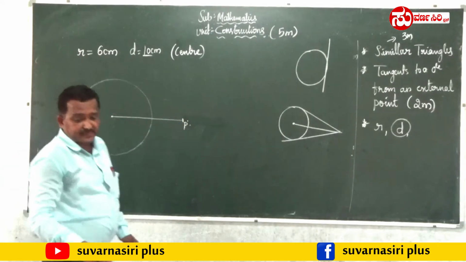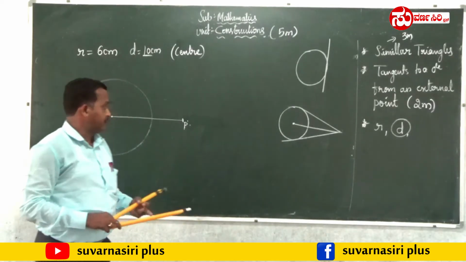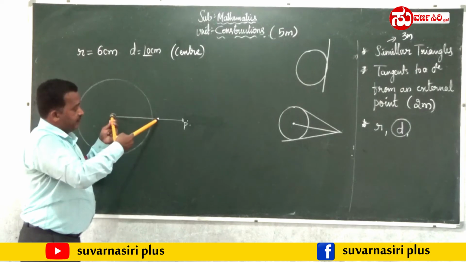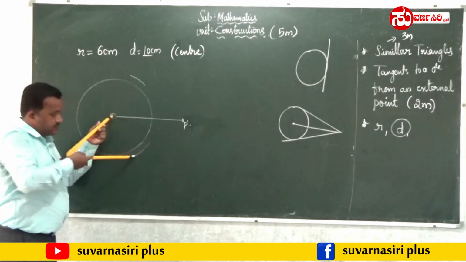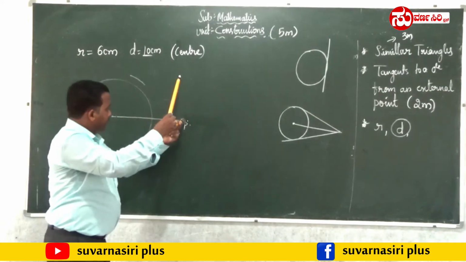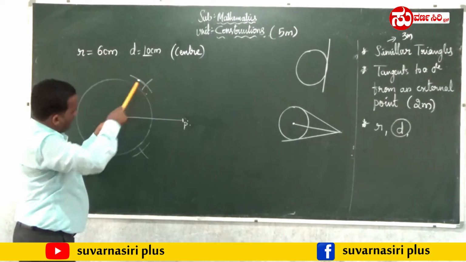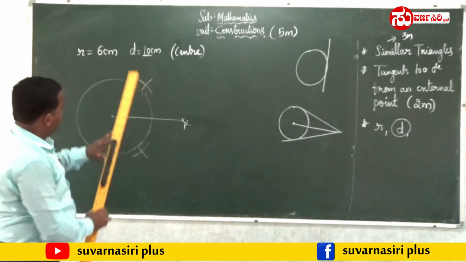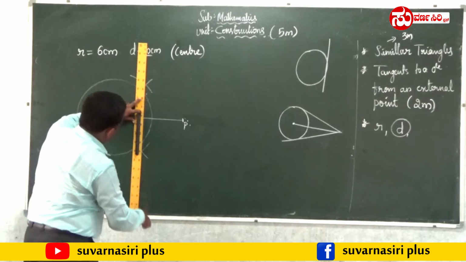After constructing a circle and locating the external point, we should take more than half. More than half you have to take. Draw the arcs on either side, keeping the compass on the point P. After getting the arcs intersecting, join them.